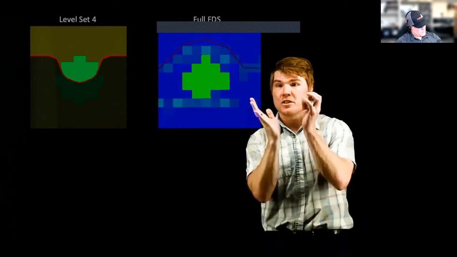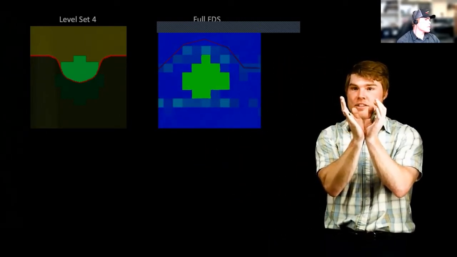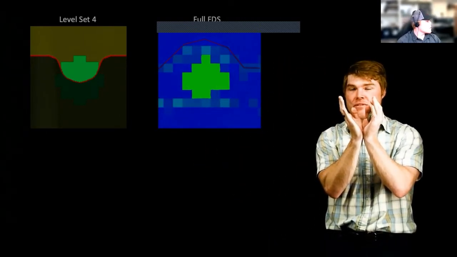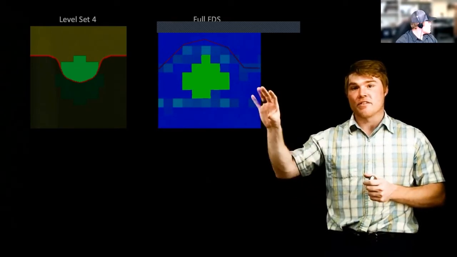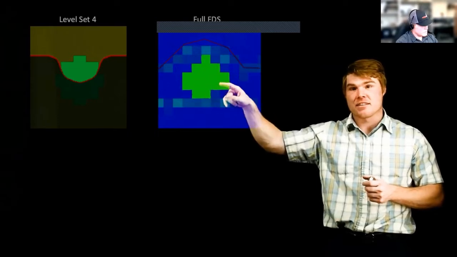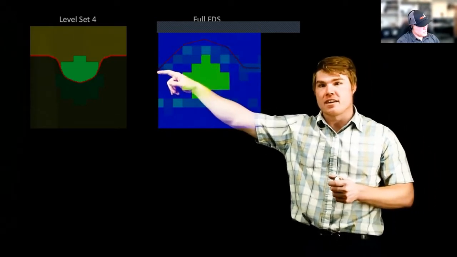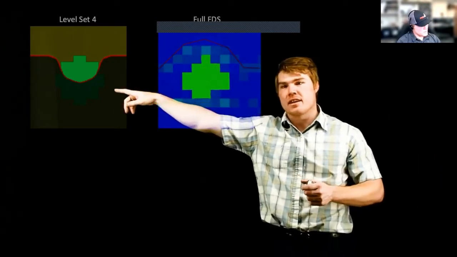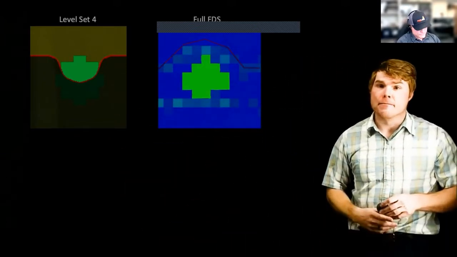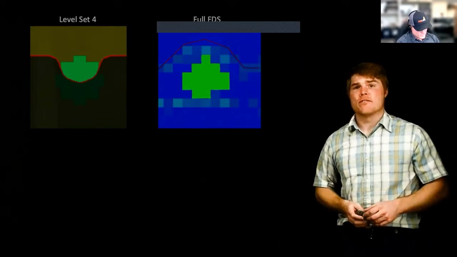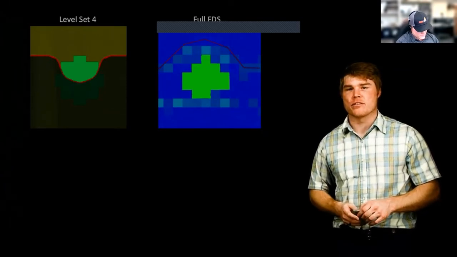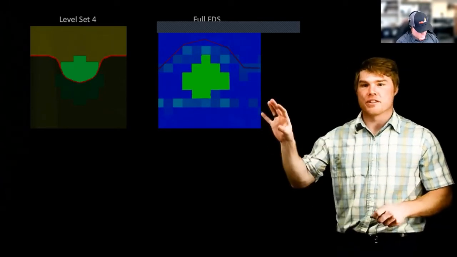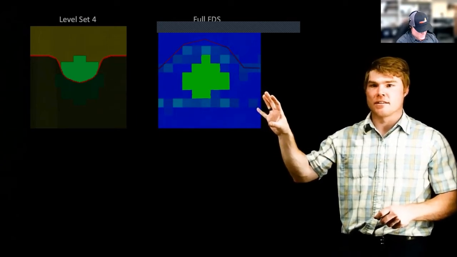Level set 4 shows that chevron develop, which is a function in the model, just a difference in rate of spread between the control and inside. With full FDS, you actually get an acceleration within it, which creates a convex shape rather than a concave shape here. We're still trying to figure out the exact mechanisms within the models. We know this one handles interactions better.